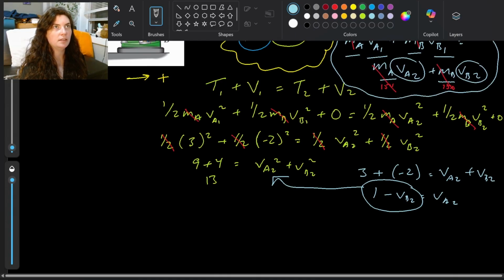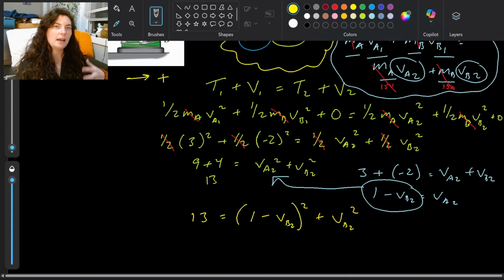So when I do that, now that I have these two combined, I have 13 equals 1 minus VB2, that entire term squared, plus VB2 squared. Normally I don't work out so much of this algebra, but I think it's important to talk about how we solve some of these problems, because sometimes I skip steps and I know that some people get confused.